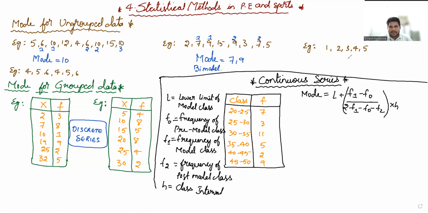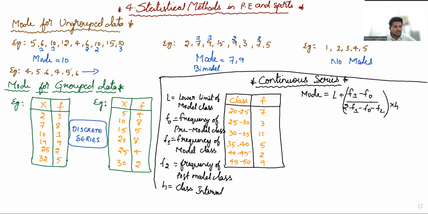And there you see there is no mode. So 1, 2, 3, 4, 5. You cannot take any of the numbers as a mode. So no mode. Here also 4 appears 2 times, 5 2 times, and 6 also 2 times.